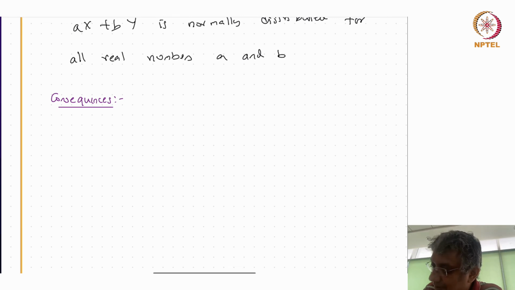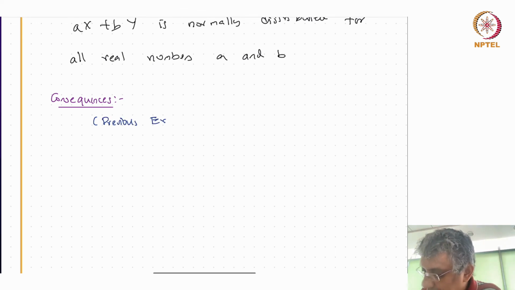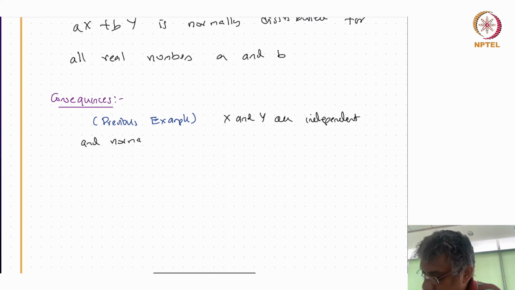Like I said, from the previous example, if x and y are independent and normally distributed, then this implies that x and y are bivariate normal.